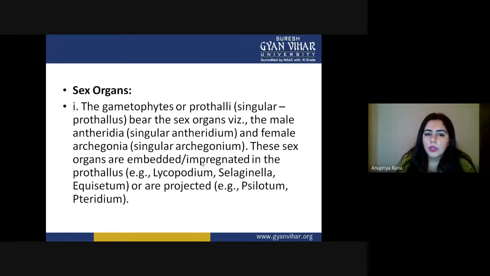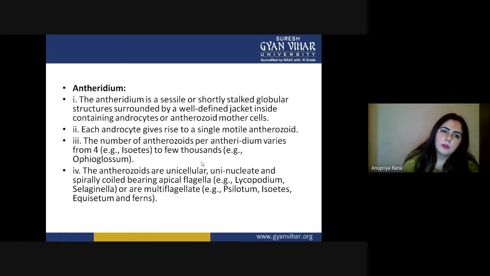The female is archegonia, singular archegonium. The suffix -ium is for the singular, and -ia is the suffix for the plural in the reproductive organs of plants. These organs are embedded in the prothallus, so they are protected, sitting in depressions inside it.